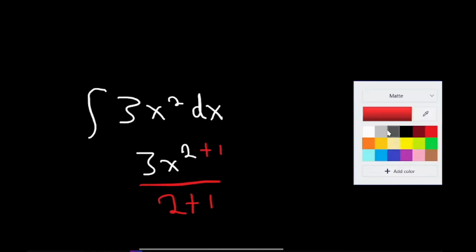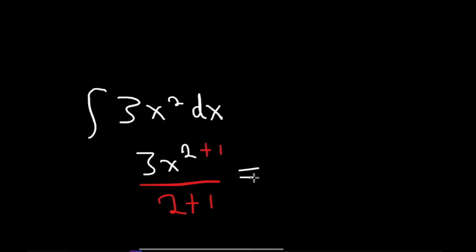When finding the antiderivative, we just have to evaluate the expression that we have. So I'm simply going to have 3x, and then 2 plus 1, which is 3, over 3, the denominator once we add 2 plus 1.